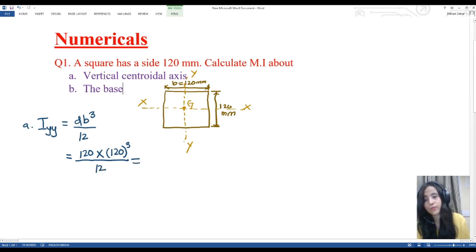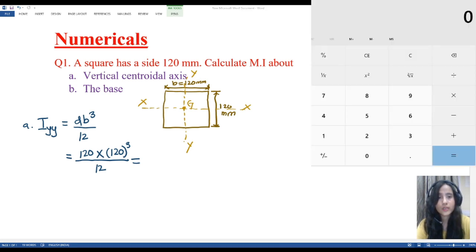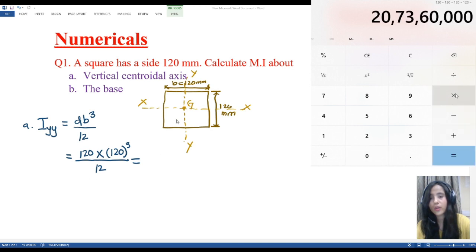So how much will we get from here? Let us do the simple calculation. Here it is 120 into 120 cube. So 120 into 120 into 120. So that is 120 cube divided by 12.